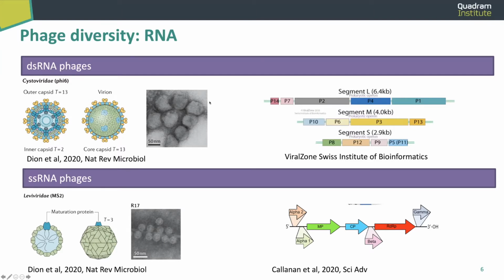Its genome is in 3 linear pieces in the viral capsid, meaning that once you start assembling this, you will never get one contig with one genome because it's in 3 physical pieces. So that's the first thing to think about when dealing with RNA phages.